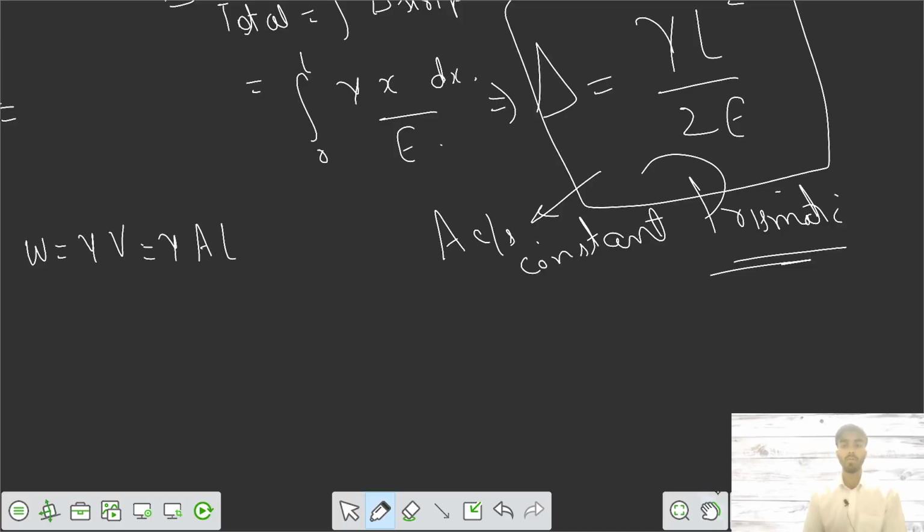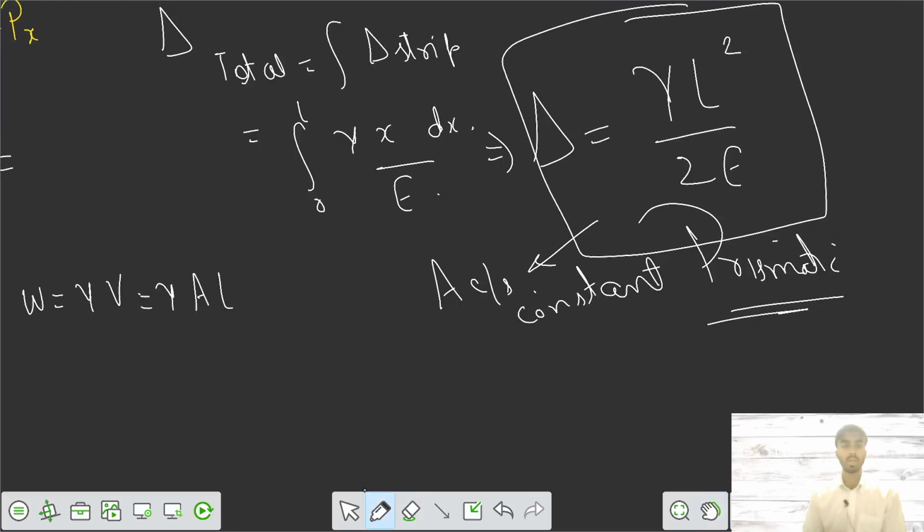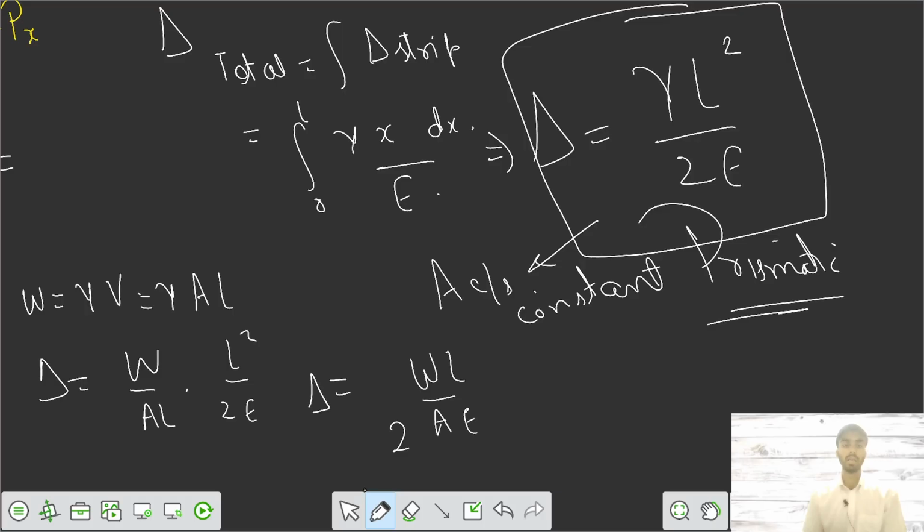So if you substitute gamma as W by A L, delta equals W by AL times L squared by 2E. So your deformation is WL by 2AE.